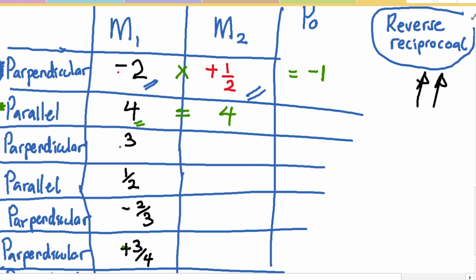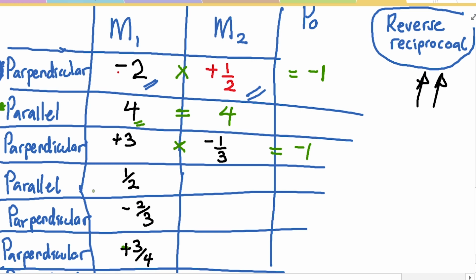So if the gradient of the first line is 3, the gradient of the second line is going to be the reverse, so negative. The reciprocal of 3 is 1/3. Why? Because when you multiply those two numbers, it gives us -1. So that's the shortcut for finding the gradient of the other line.